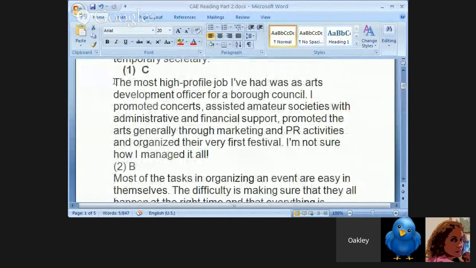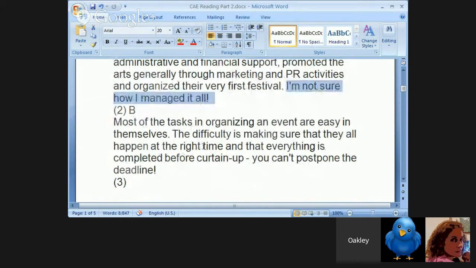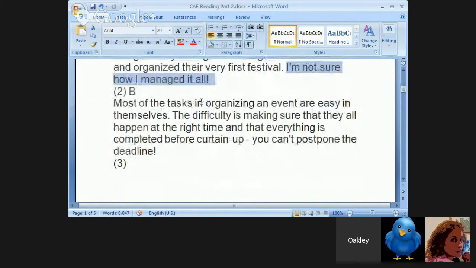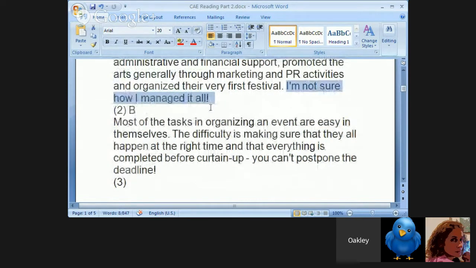All right, from here, the most high-profile job I've had was as arts development officer for Bureau Council. Okay, that would be logical to have trombonists and all kinds of stuff. Organizing their first festival. I'm not sure how I managed it all. Okay. Then it has to be J, because the first festival, the festival included blah blah blah.